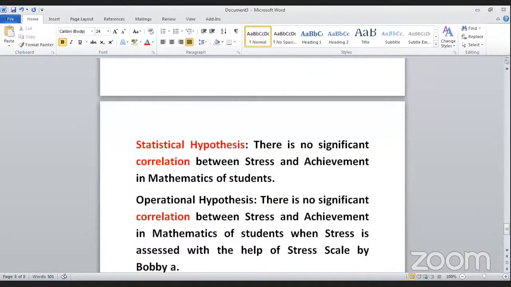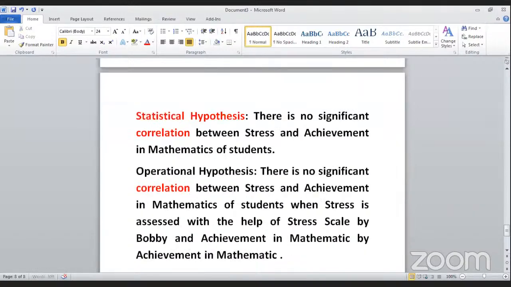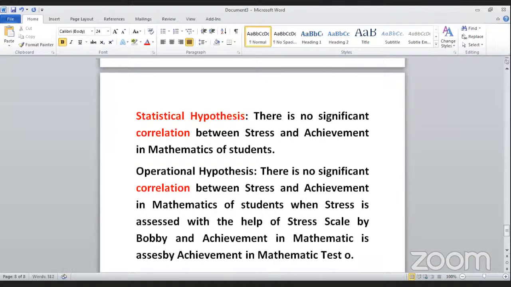and achievement in mathematics, I need not say assessed again, I have said achievement in mathematics by the achievement in mathematics test of the teacher.